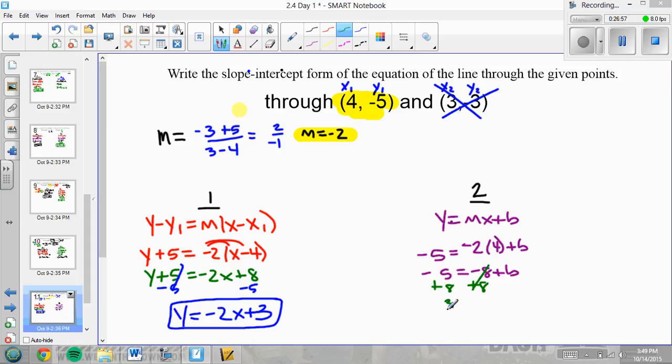So I know 3 equals b. So now I have my slope and a b, so I can just plug that right back into slope-intercept form. So y equals negative 2x, and my b is plus 3.